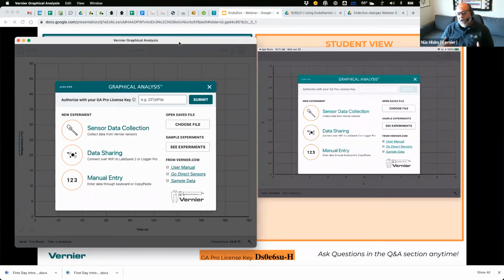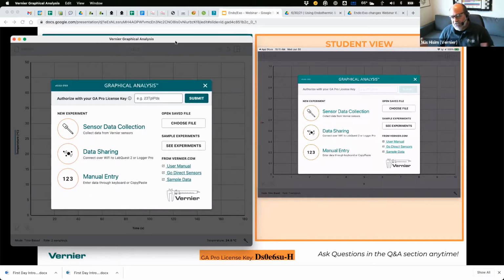So Graphical Analysis comes in two flavors. There's a free flavor. You can do this experiment individually at every lab station, but since you guys are all over the place, I thought it'd be kind of fun if you could get the data from me and then we can look at it together and run through the experiment together. But to do that, you have to pay a little bit.